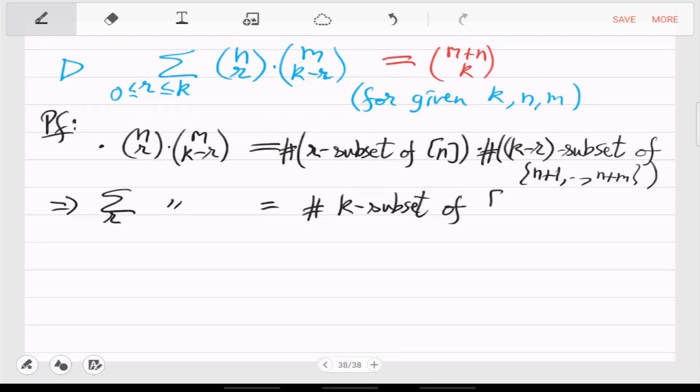So the sigma of this over all r's will be number of subsets of 1 to m plus n, which you know is, by definition, m plus n choose k.